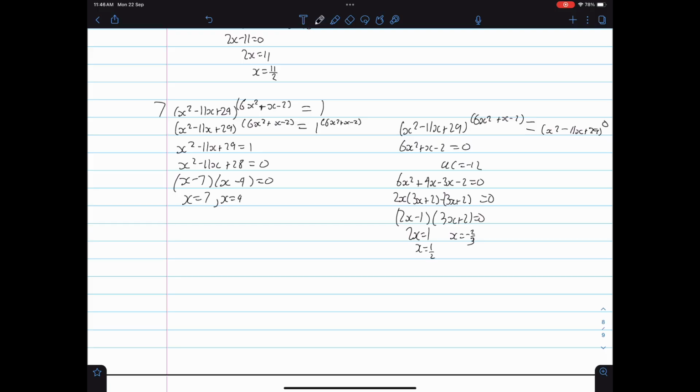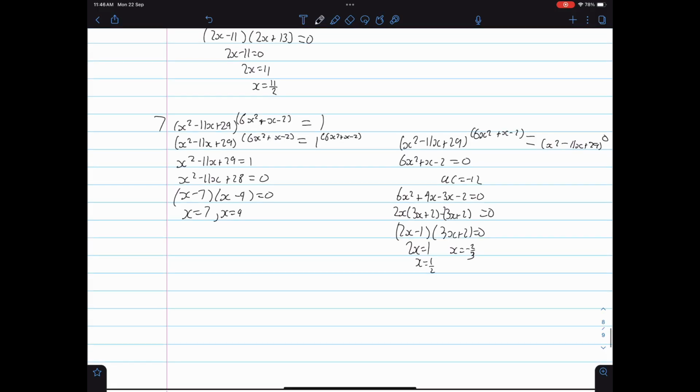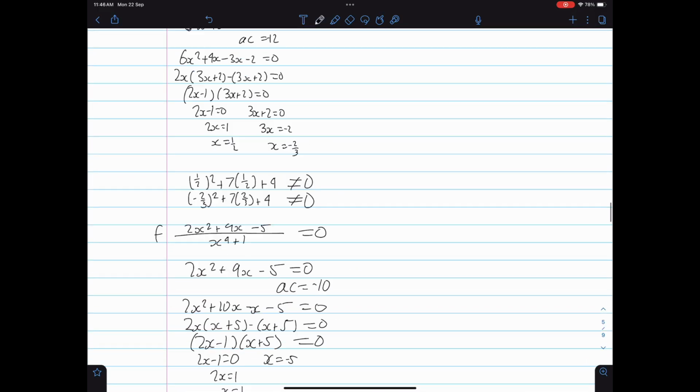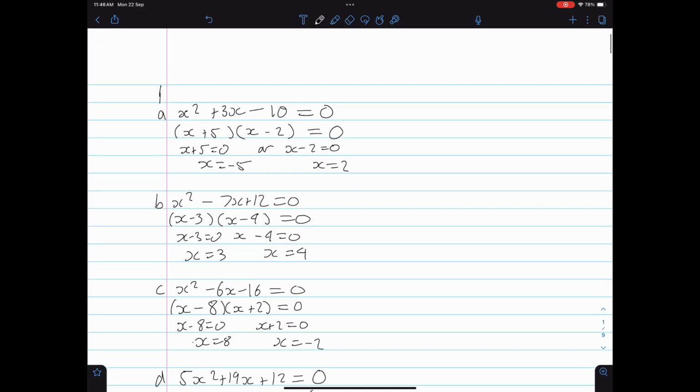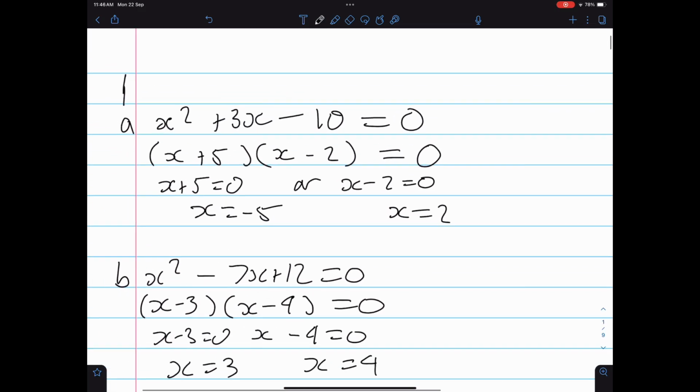So all in all, that's exercise 1A of Pure, which is quadratics, and it's all about factorisation, which is why I've tried to only use factorisation. And at the start, it was just very simple stuff. We had to factorise stuff where the lead coefficient was just 1. Remember, 2 numbers that multiply to this and add to that.